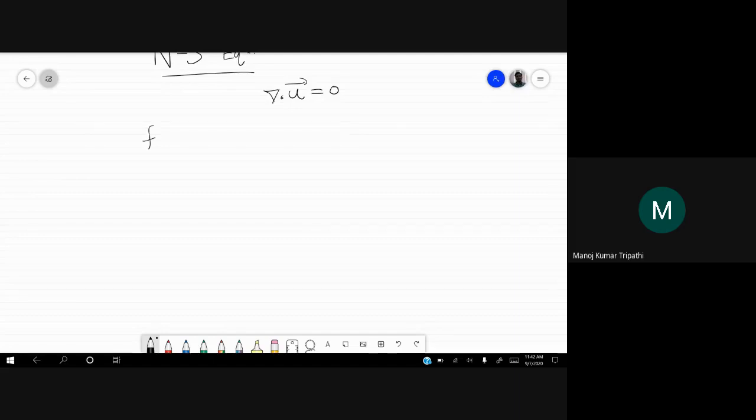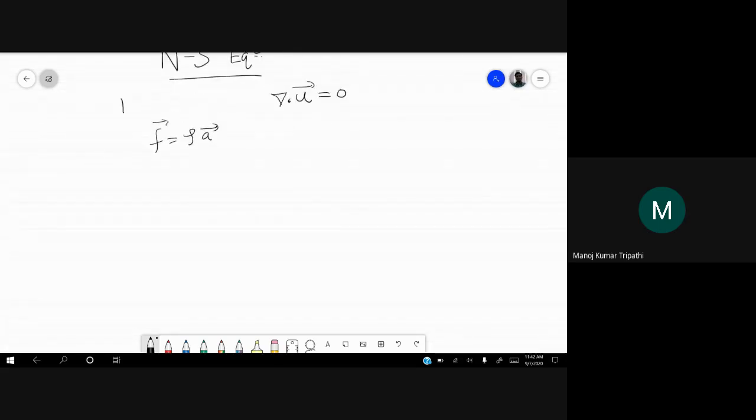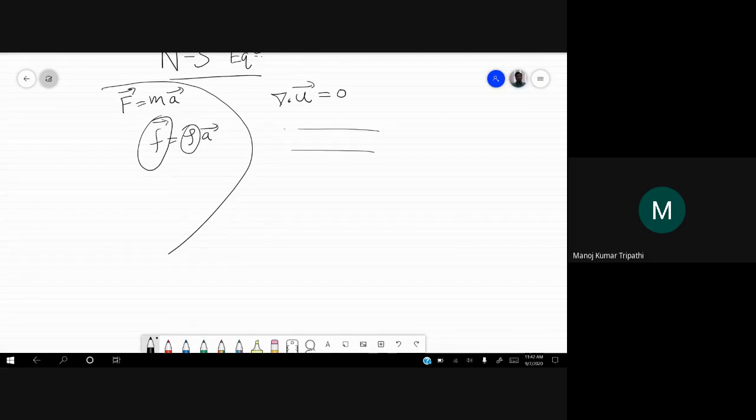So similar to this equation, but in the expanded form. This equation comes from force equal to mass times acceleration, where we divide by the volume of the element on both sides. So this is force per unit volume and this is mass per unit volume. So these are three equations, momentum equations 1, 2, and 3.